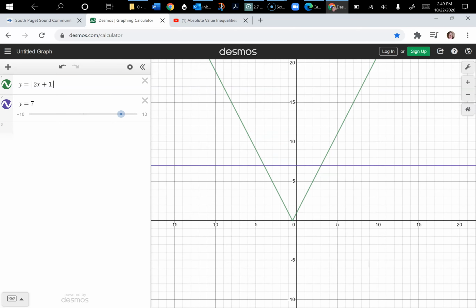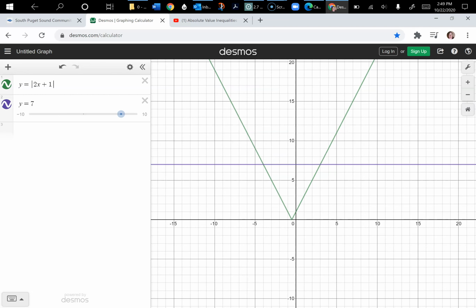That's why I have that "or" situation for a greater than, because I'm going to have these tips sticking off to the left and the right above that horizontal line, where the other scenario is it's in between. So if it's lower, you're going to be at the bottom of the V where it's together. I hope that helps you get the gist of how these work.